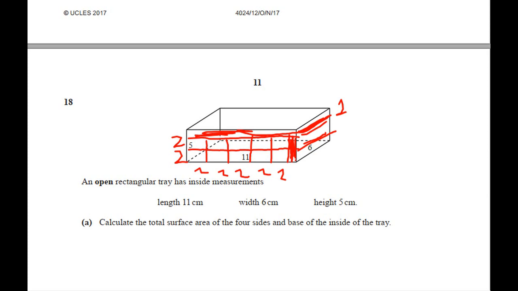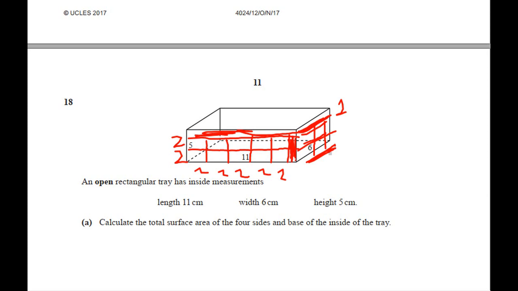Now this is the front view, so we have 1, 2, 3, 4, 5, 6, 7, 8, 9, 10 cubes over here. Look over here, we have 6 over here, so this can be divided into nice 3 chunks of 2, 2 and 2.